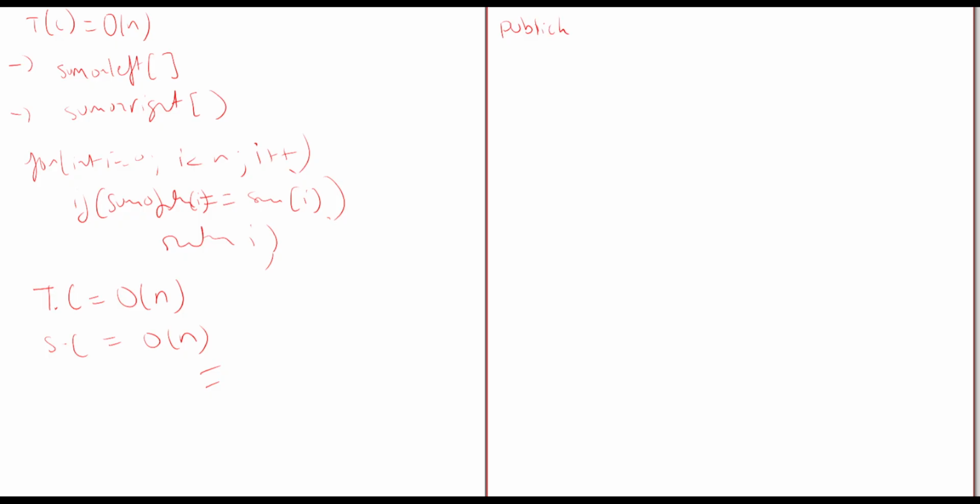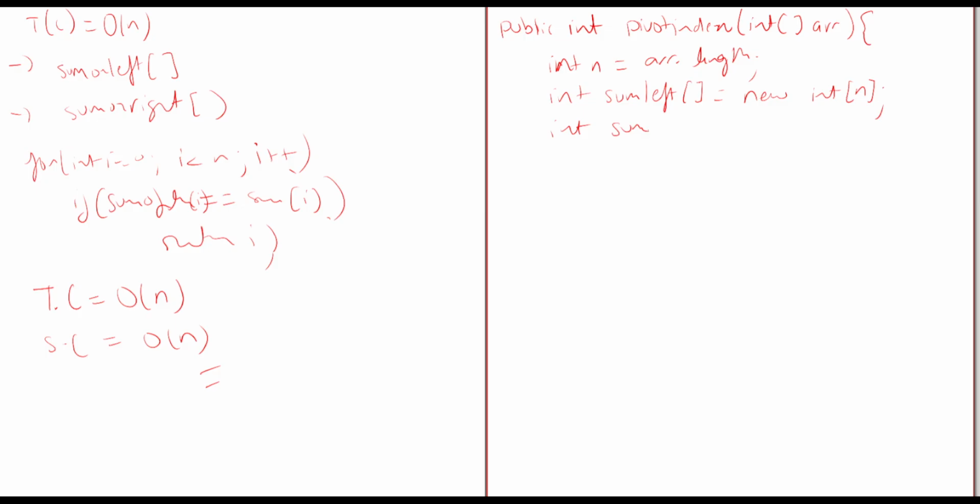Public int pivotIndex and array, right, int n is equal to array dot length and sum left is equal to new int n and sum right is equal to new int n, okay.